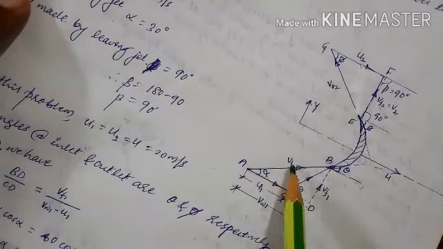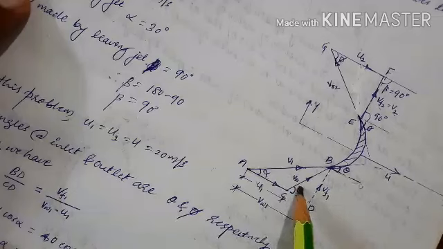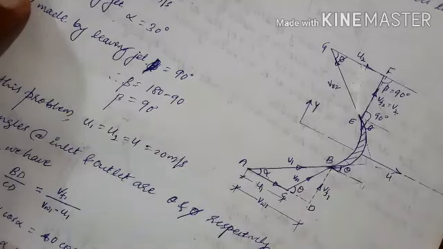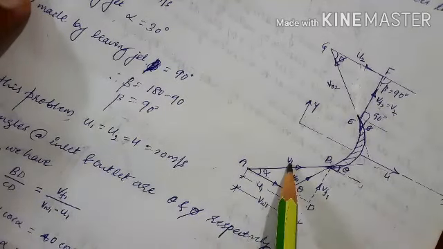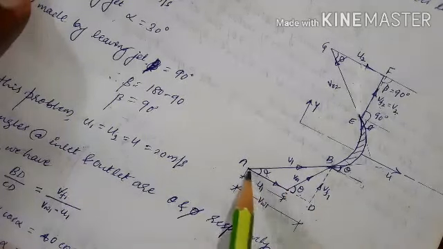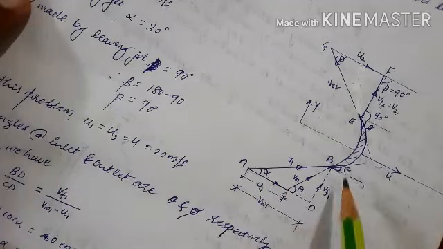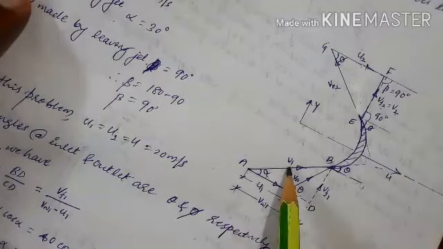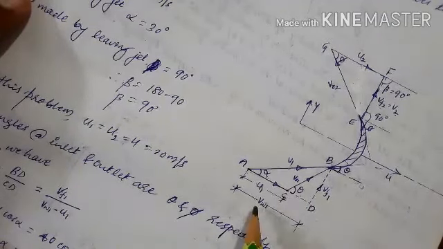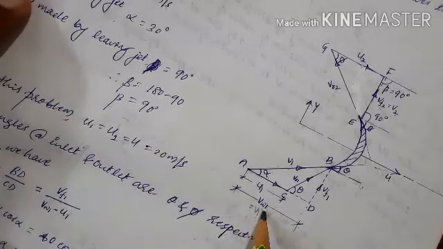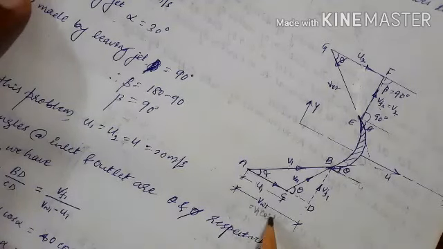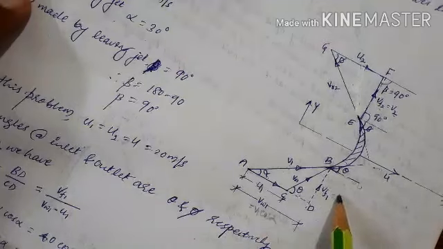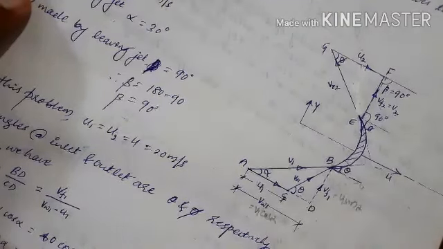The difference of these two will be the relative velocity Vr1. Then the components of V1 will be Vw1, that is velocity of whirl, and Vf1, velocity of flow. These are the two components of V1: V1 cos alpha and V1 sin alpha.